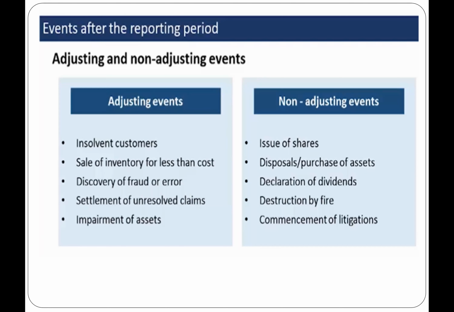Then the next scenario is where you discover a fraud or error. We actually talked about an example similar to this. If you realize that someone stole money and you didn't know about it, but then you realize that the money was stolen after year end, maybe you didn't do cash counts on 31 December, you then do your cash counts on 10 January when you reopen, and you realize the money that you thought was 100,000 is actually 80,000, 20,000 was stolen.